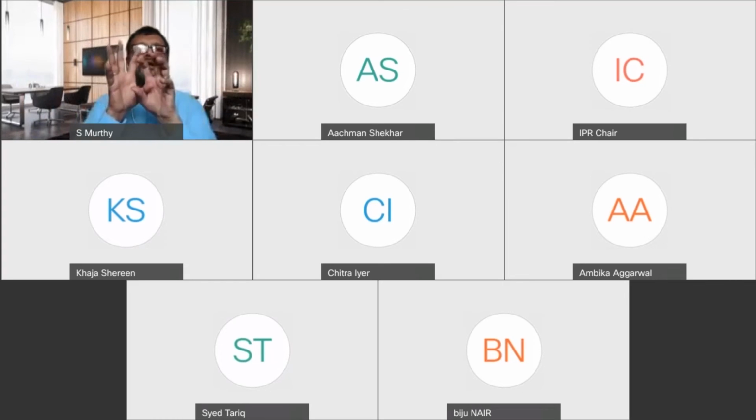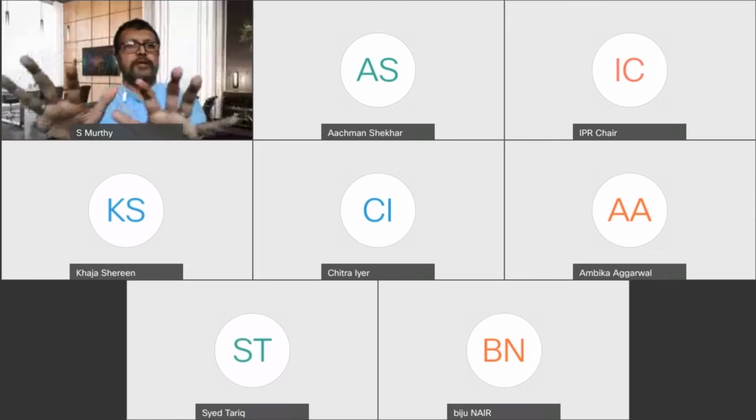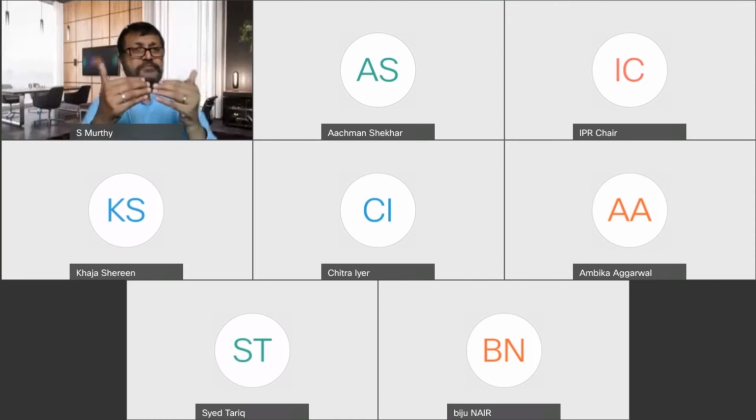So there should not be discrimination whatsoever in the royalties and the terms of the licensing contract among similarly placed license seekers, right? Licensees. So this is the concept of FRAND.